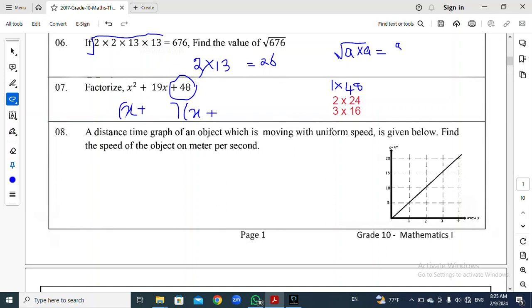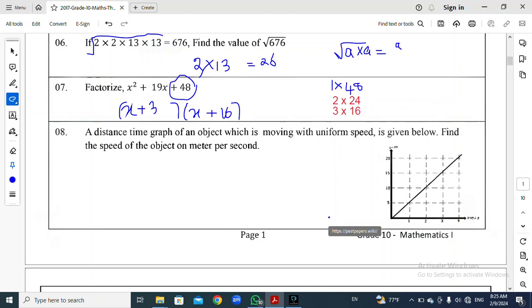Here this is x squared, so we are dividing into 1x here and 1x here, and the factors we choose are 3 and 16 according to the rule, so both are plus 3 and plus 16. So these are the answers for this question. I think now it's also clear.